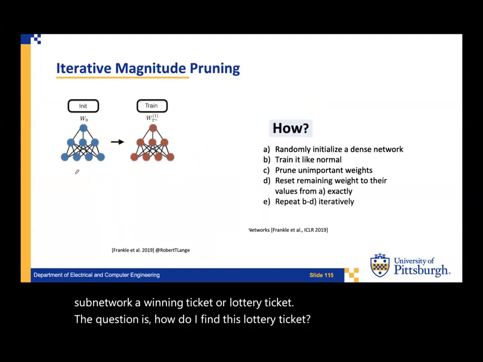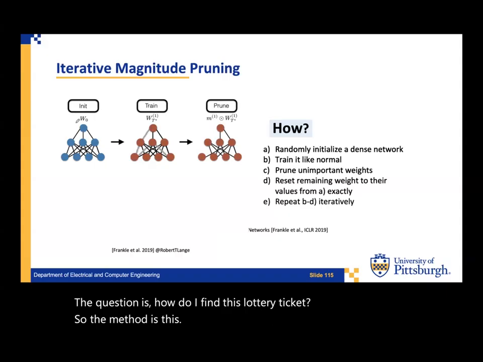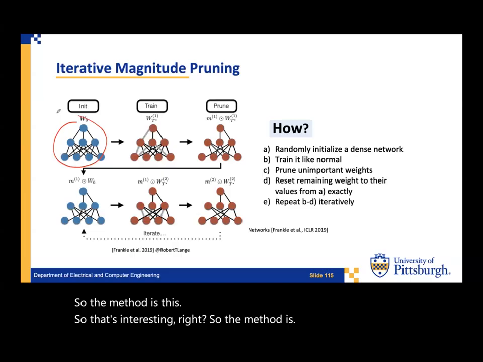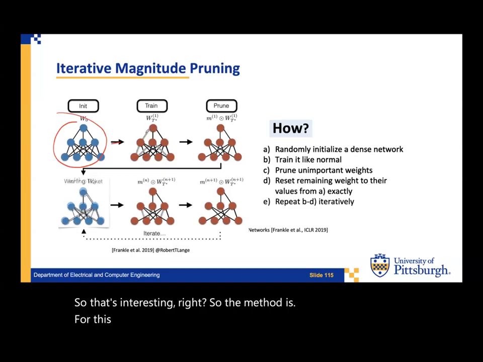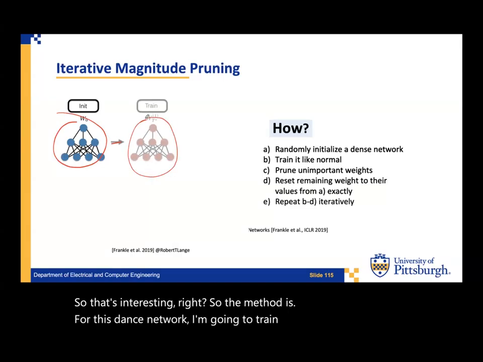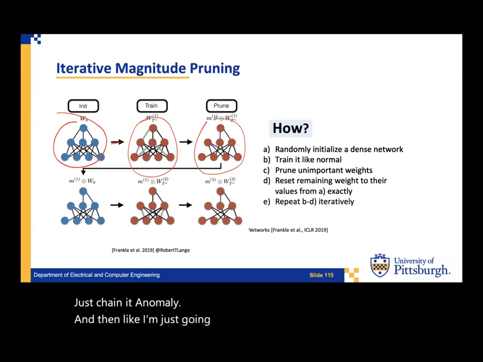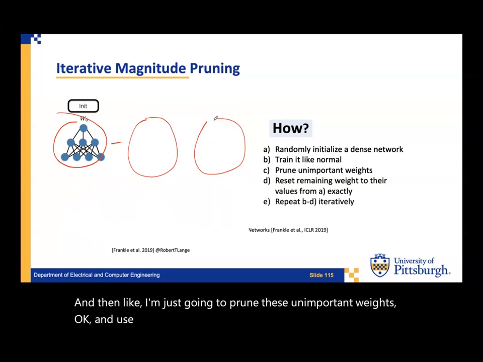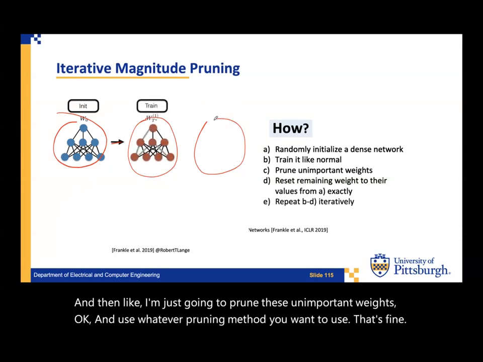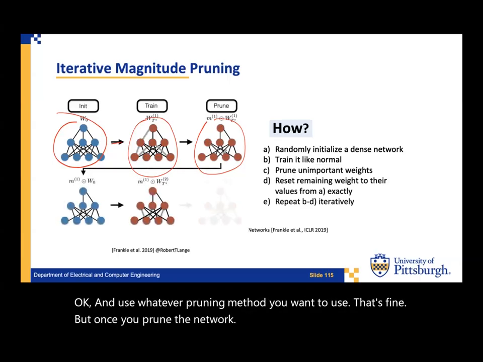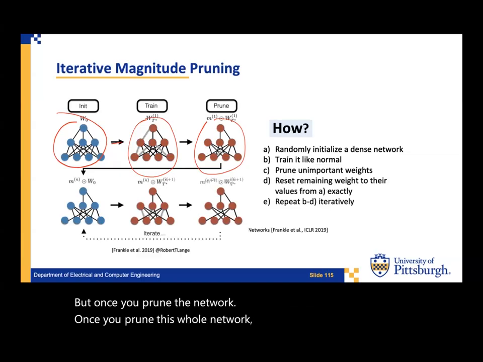So the method is this, and that's interesting, right? For this dense network, I'm going to train it normally. Then I'm just going to prune the unimportant weights, using whatever pruning method you want. That's fine. But once you prune the whole network, you get this structure.